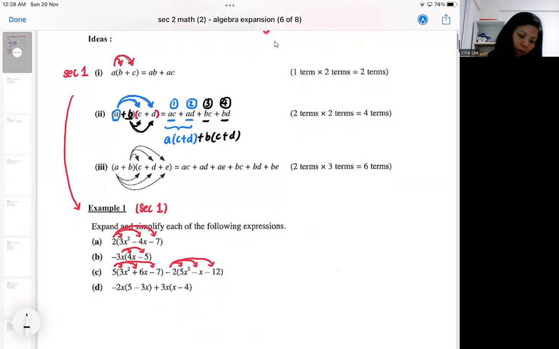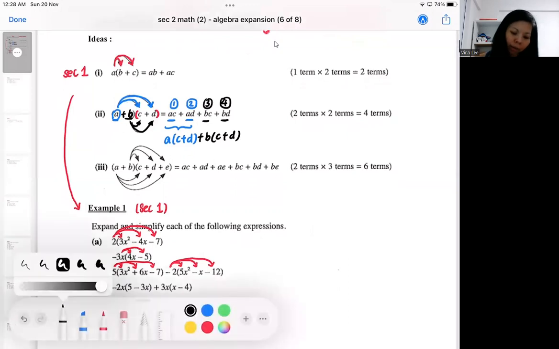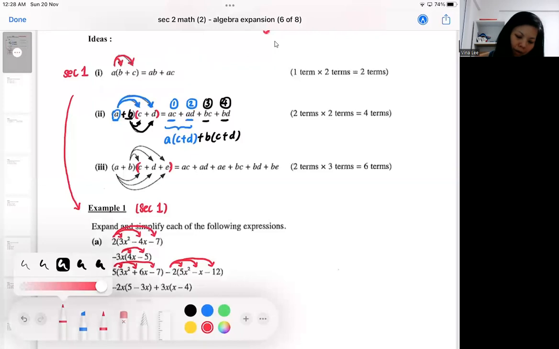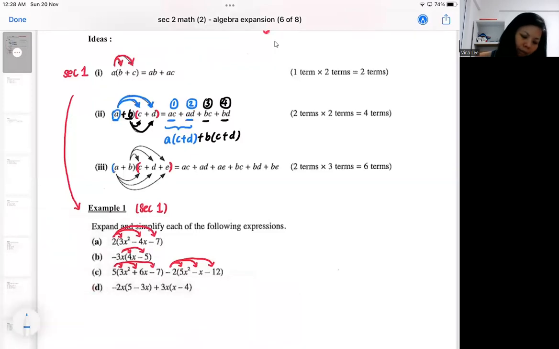In the situation where you got a bigger bracket, if you take a look, the second bracket is bigger because there are 3 terms inside, while the first bracket is just 2 terms. In such a case, you also take turns. You take the first guy and multiply to the bracket, so you get the first 3 terms.